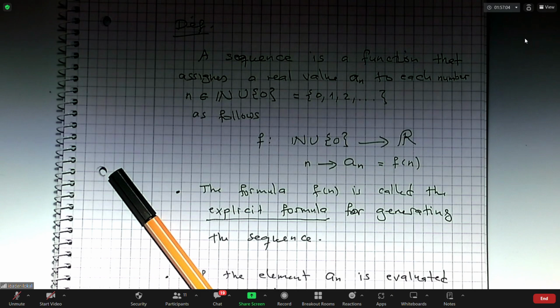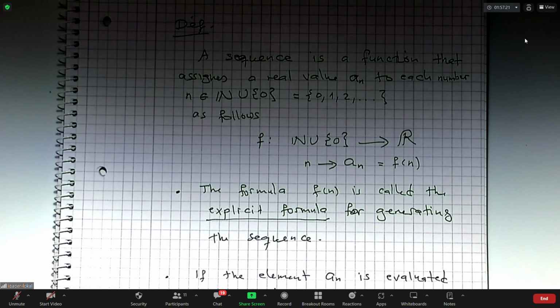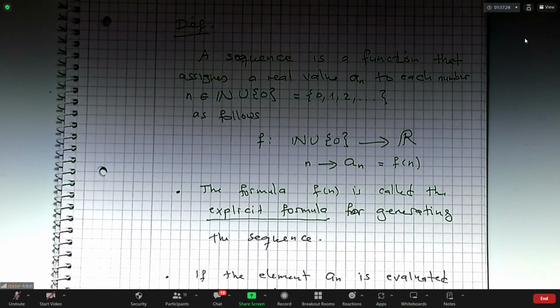Usually you define the first two elements, and then from there, for the next elements, you just add up the previous two successive elements. Okay, so this is what we call the recursive formula and the explicit formula.